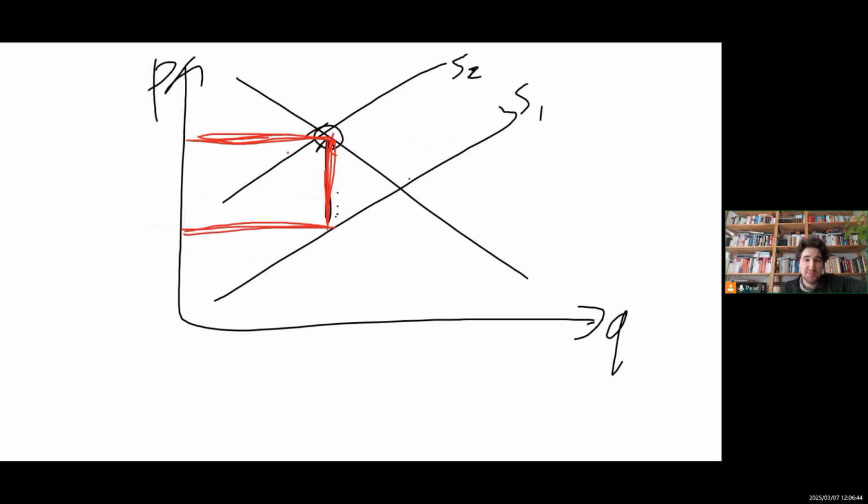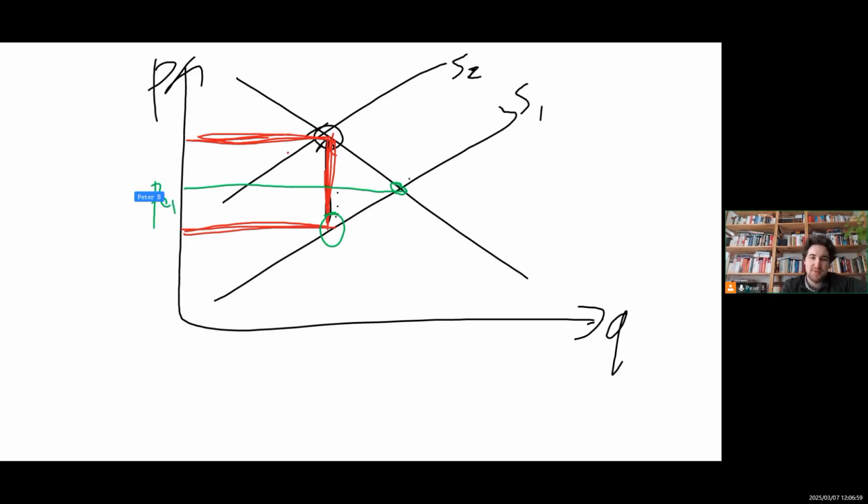And how much is being taken from the producer and how much is being taken from the consumer? Well, the producer is only getting down here, whereas before they were getting this price. This is the original price level.